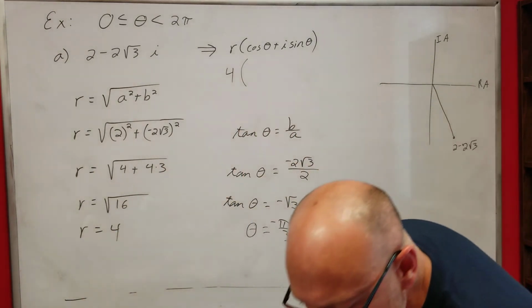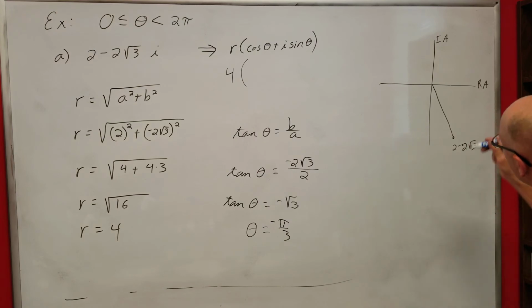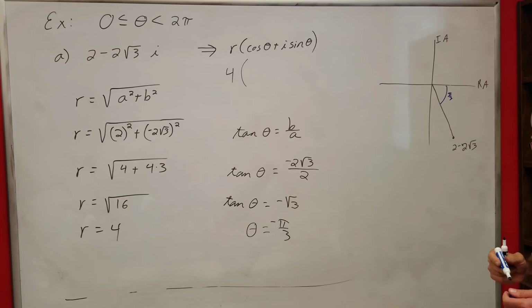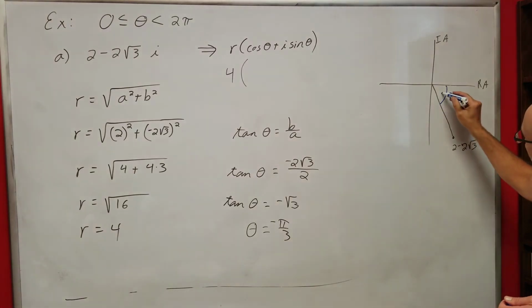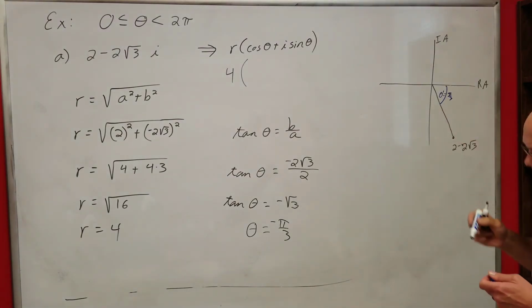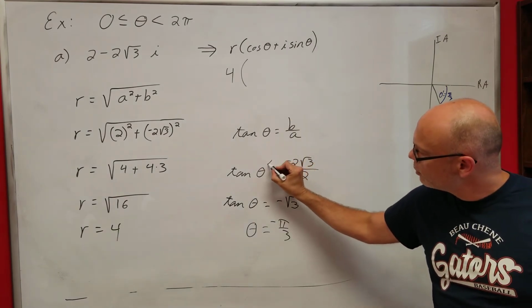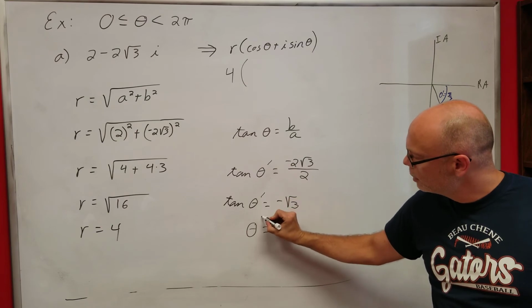What I actually found now was the acute angle right here. I found that to be pi over 3 right there. And that's really my reference angle. Theta prime is equal to pi over 3.